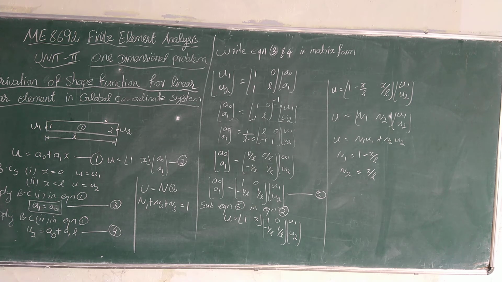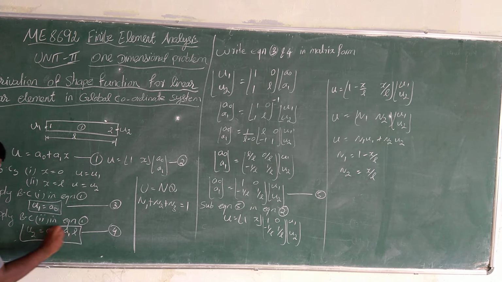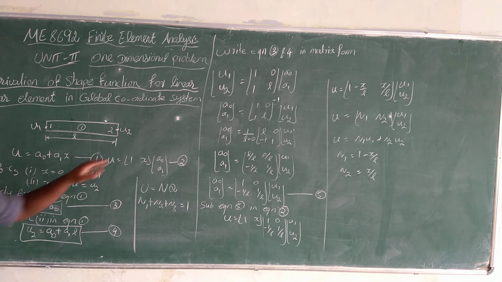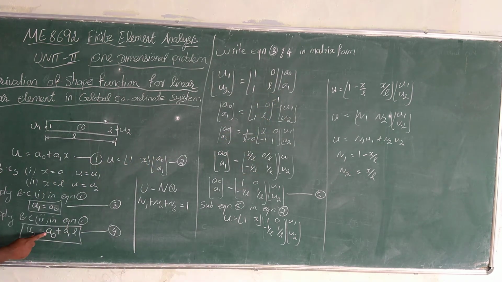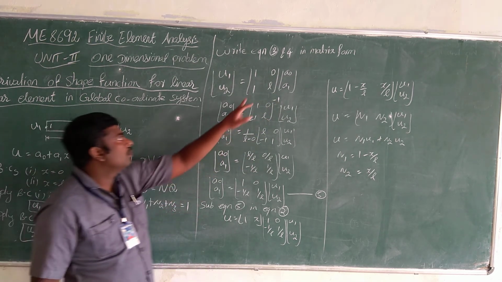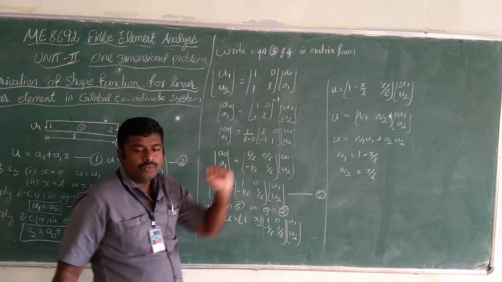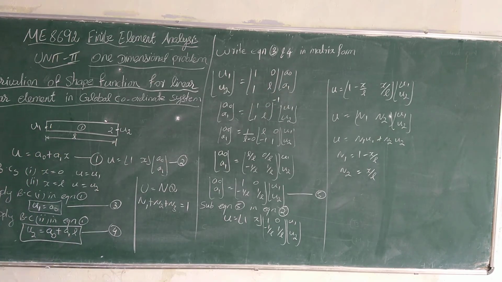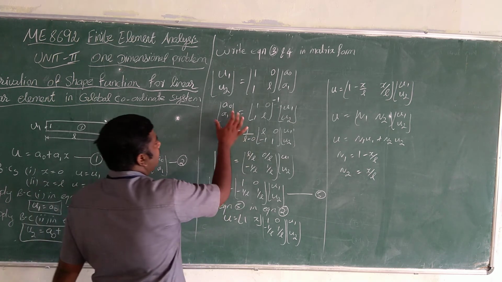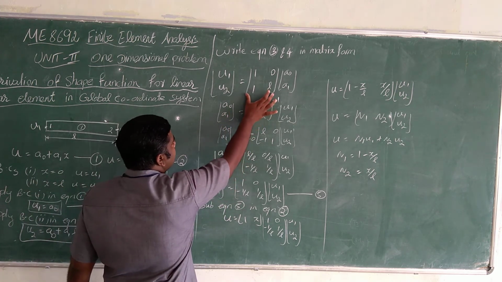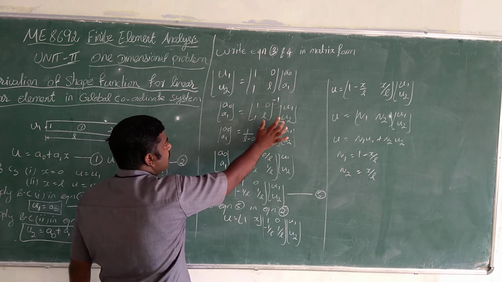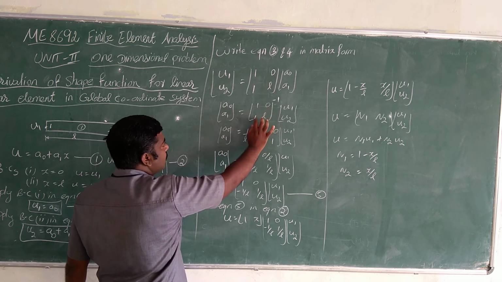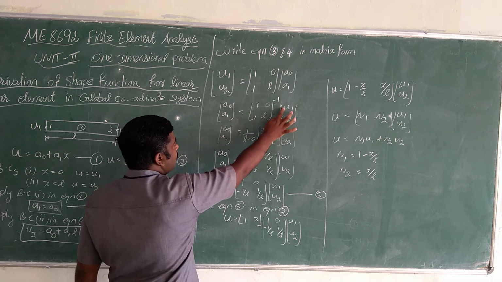Therefore equations 3 and 4 in matrix form: u1 u2 equal to the matrix 1 0, 1 L, times a0 a1. So you take the matrix to either side, and that will become an inverse: a0 a1 equal to the inverse of the matrix 1 0, 1 L, times u1 u2.